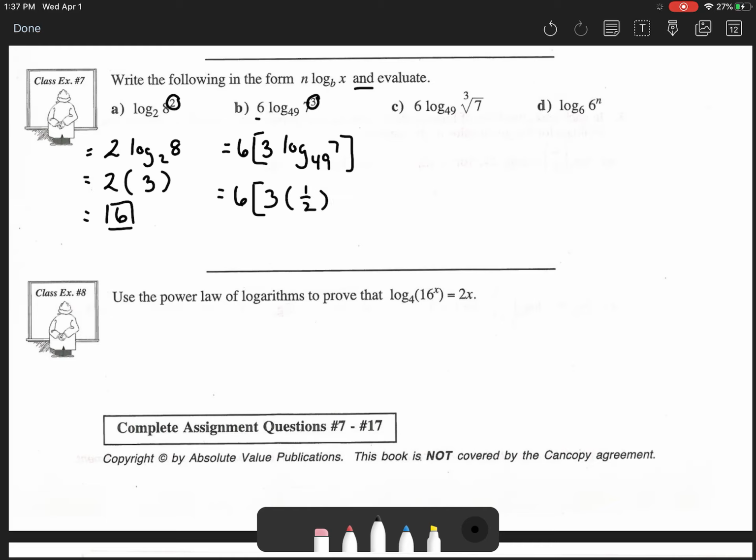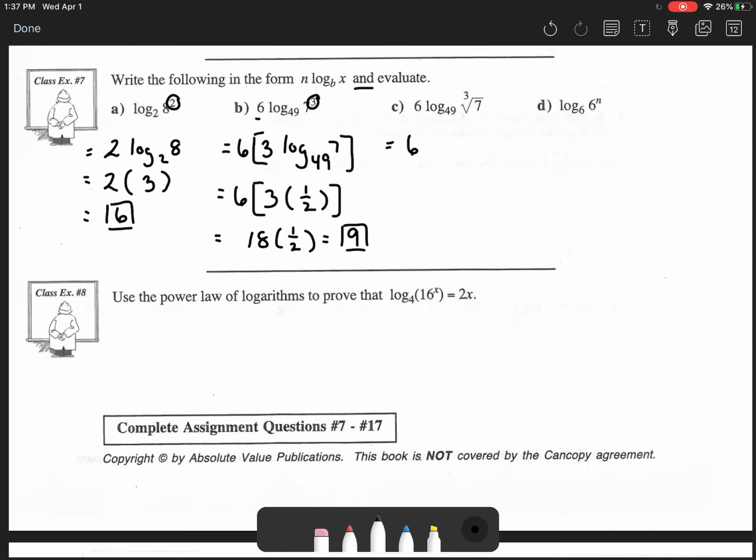Well, that's actually 1/2, isn't it? Because 49 to the exponent of 1/2 is 7, or when you take the square root of 49, you get 7. So now you have 6 times 3 times 1/2. Well, that's like 18 times 1/2. When I multiply, the order in which I multiply doesn't matter. So this gives me a final value of 9. So I have evaluated it.